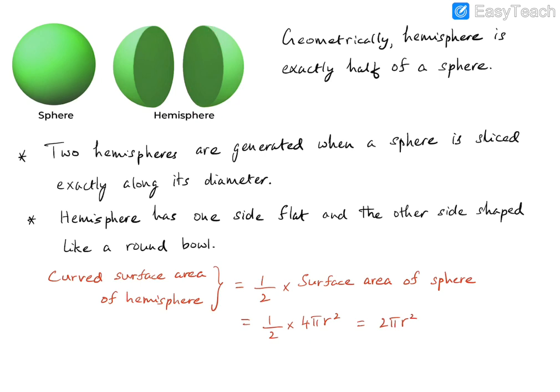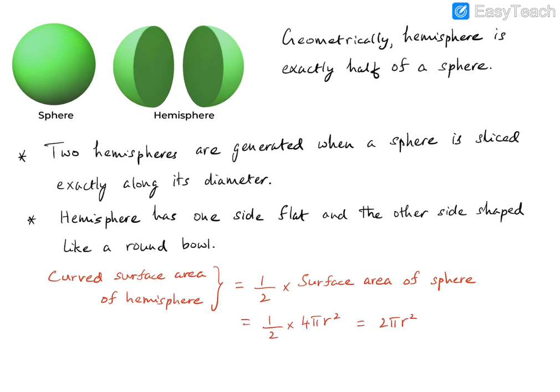Okay, so the curved surface area of a hemisphere, as we can understand, is going to be exactly half of the surface area of a sphere, because a hemisphere is exactly half of a sphere geometrically, right? So the curved surface area of a hemisphere is half the surface area of a sphere. So it's half into 4 pi r square. 4 pi r square, as we have seen earlier, is the surface area of a sphere.